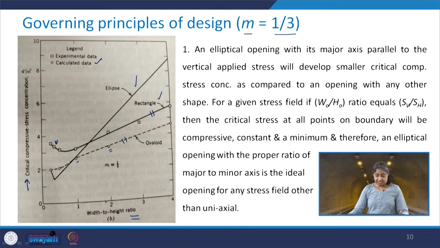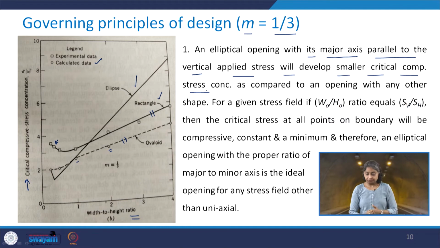In this case, you take a look at this figure and then read the text which is given here, and then try to understand what is the governing principle of design that we can have from here. An elliptical opening with its major axis parallel to the vertical applied stress will develop smaller critical stress concentration.